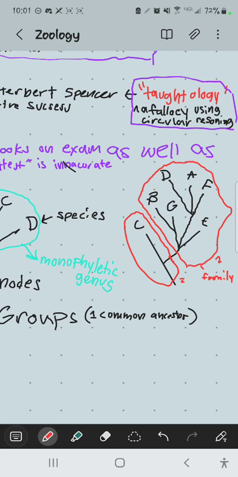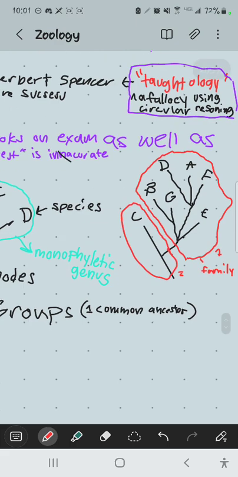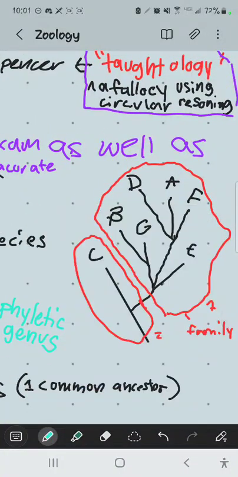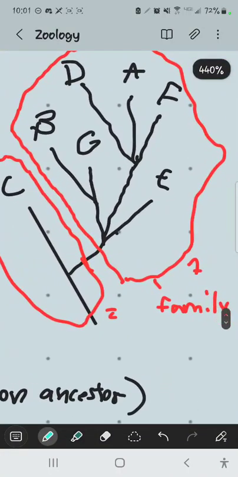Okay, this group here, this looks pretty good. I kind of like this cluster here, the D, A, and F. So maybe that would be a genus, and this would be a genus, right? But you can't make E, D, A, and F a genus together without including these, right? Because you've got to look at the monophyly, the single common ancestor.